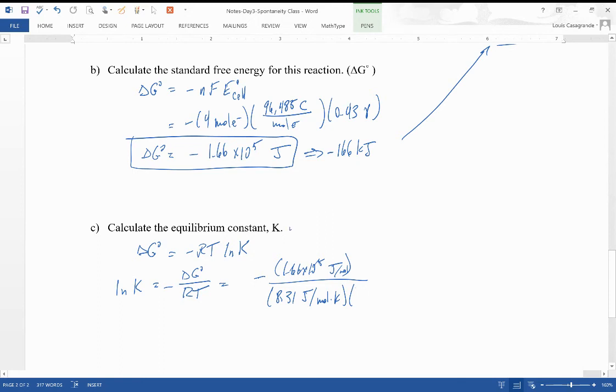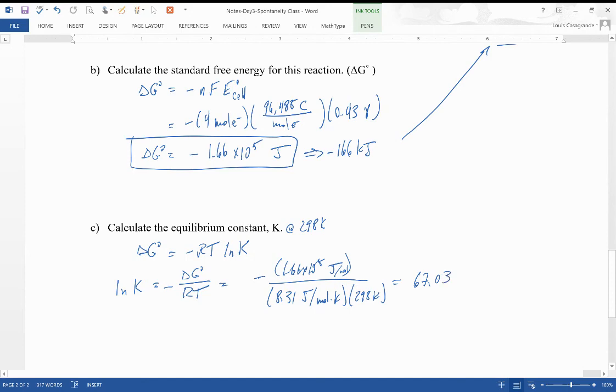And we're going to say this is at 298 Kelvin. Did we say that up above? That it was supposed to be at 298 or 25 degrees C. We didn't, but unless we say otherwise, then let's assume that we're always going to be at 298 K. So 298 K.